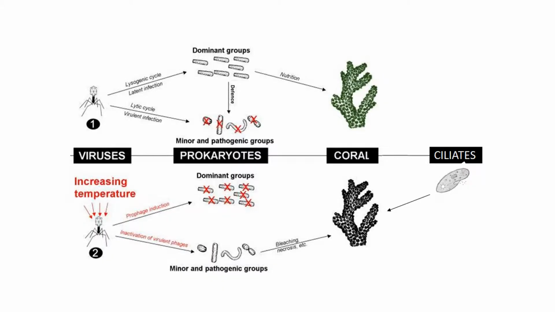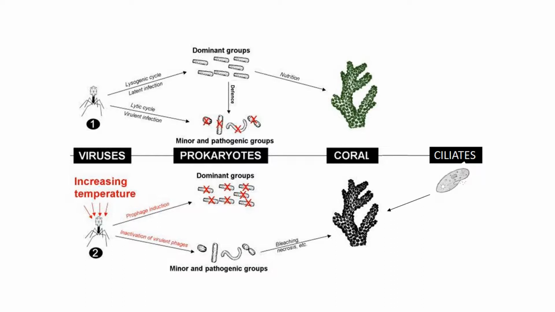This is a little schematic which is starting to think about the holobiont as a whole and how all these different microorganisms affect these different corals. So up on the green one, you've got a nice healthy coral on the top right side. And viruses, this is a bacteriophage, which is a virus, can be useful for a coral as well.